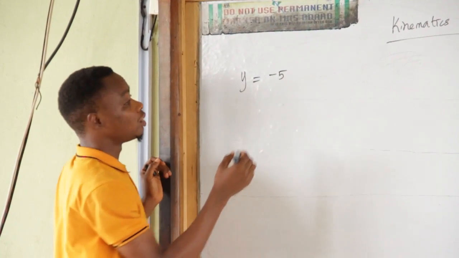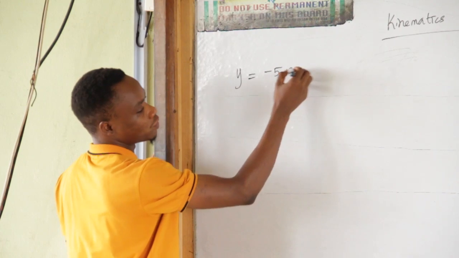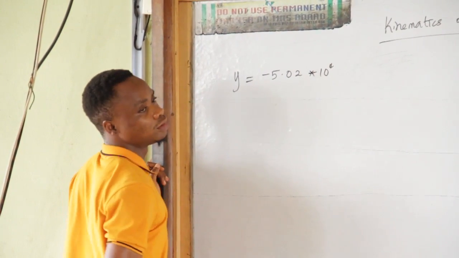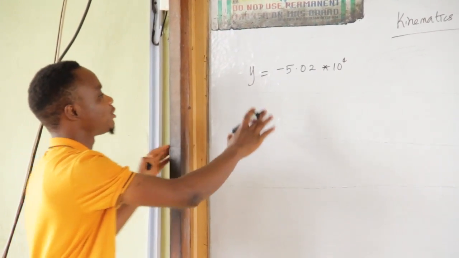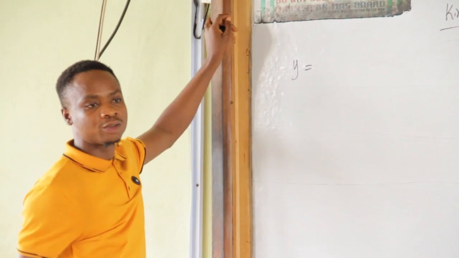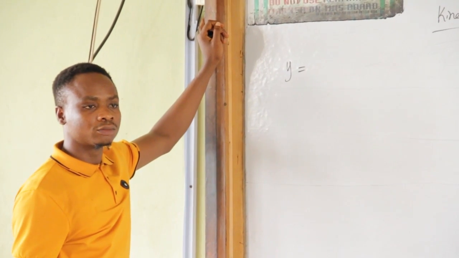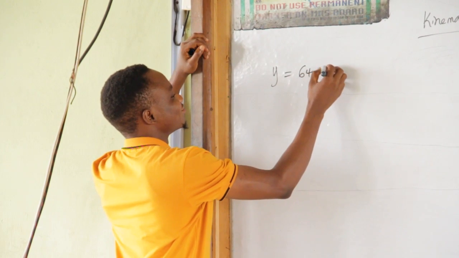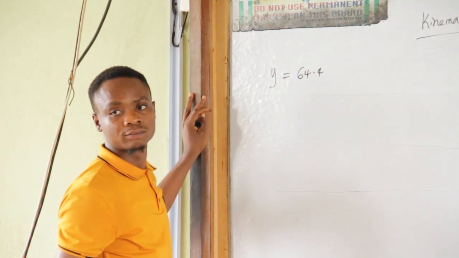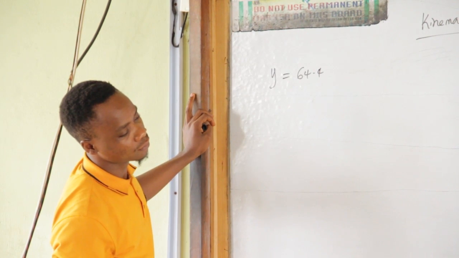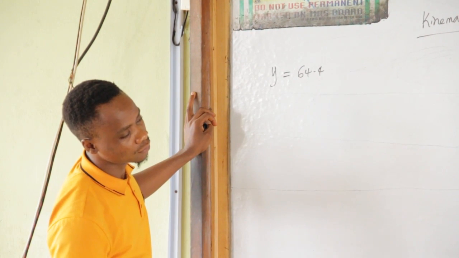Minus 5.02 times 10 to the power 4. No, y as a function of c, that's what I'm asking you. When you simplify that, what did you get y to be? Yes, 64.4 divided by minus 1,800. Let's say 1,800.